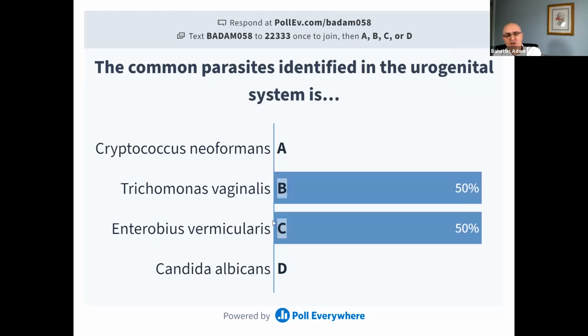Okay, Trichomonas vaginalis is the correct one. You can see it in both female and male, okay, but this is the most common parasite that we identify in the urogenital area.